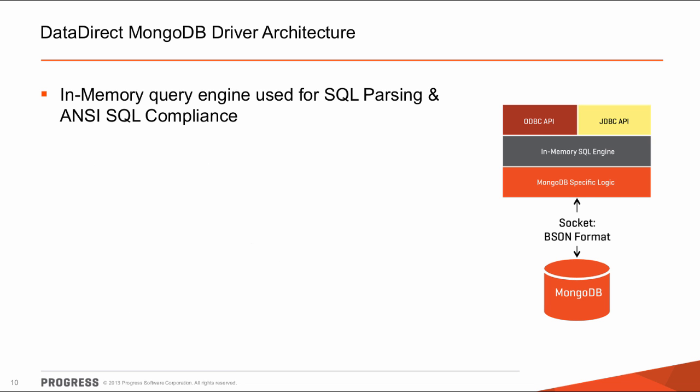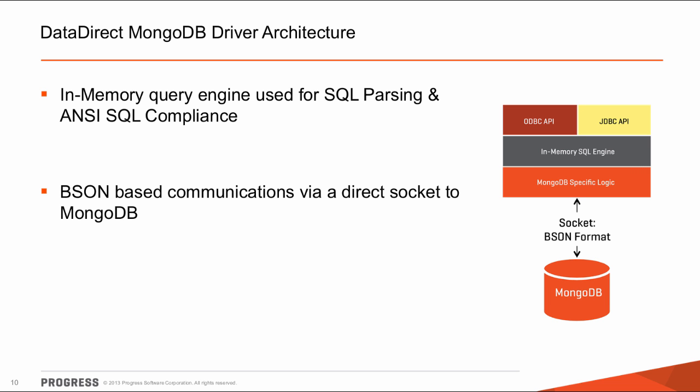So what form does our MongoDB connectivity solution take? It takes the form of an ODBC and JDBC driver. That driver contains a lightweight query engine, and that's the smarts, if you will, that knows how to take pieces of JSON data and map them into this relational form, these parent and child tables.